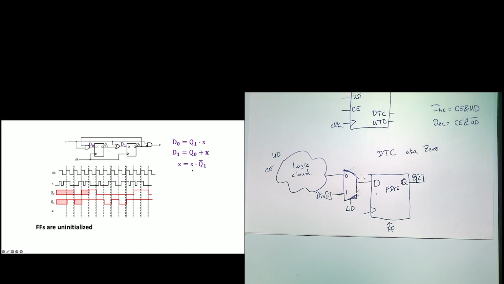So if it's not the output of a flip-flop, it doesn't depend on the clock edge. Right, if X falls to 0, it overrides. So if X is 0, we know Z is 0, even though we don't know Q1. So that's the thing, we know Z whenever X is 0.